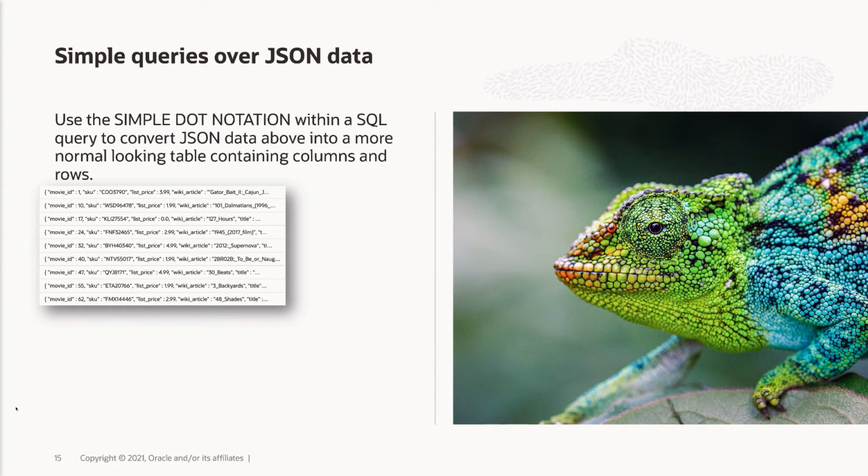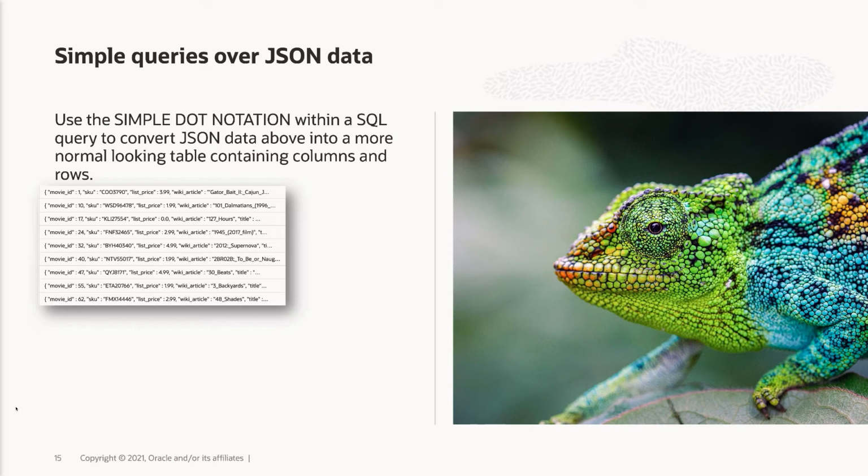The starting point is going to be just to get you to understand the transformation that goes on inside Autonomous Data Warehouse. We're going to use something called simple dot notation. So it's going to look fairly similar when we write a query, or when you write a query, to the SQL that you used in the previous lab.